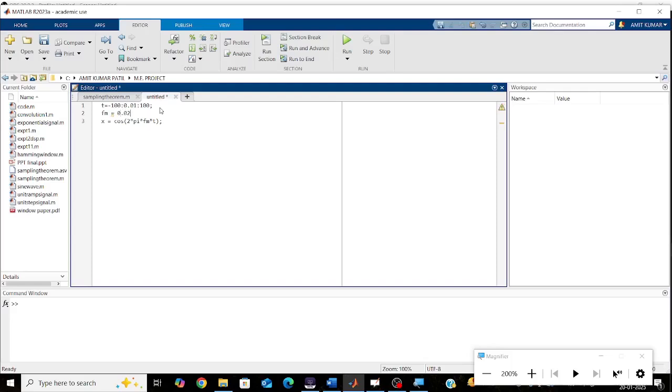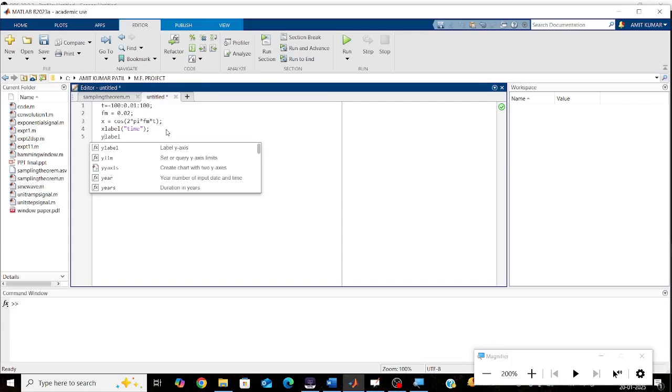This also we can assume any value. So these two values I have assumed, t and fm, and by using this we will get a graph of a continuous time signal. But before plotting the graph we will give the labeling and title to the signal. So x label: on the x-axis we have taken time.